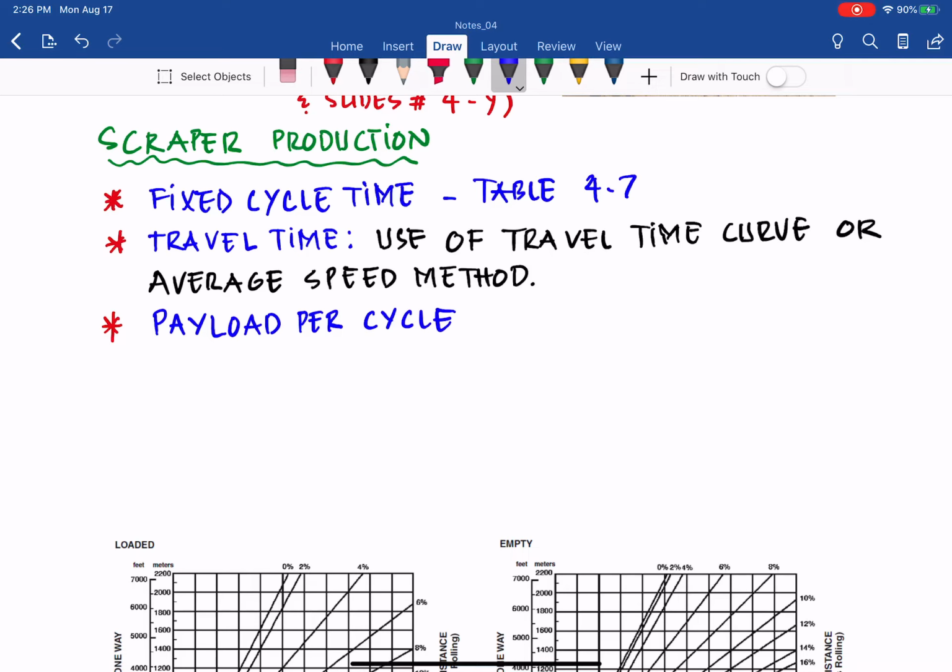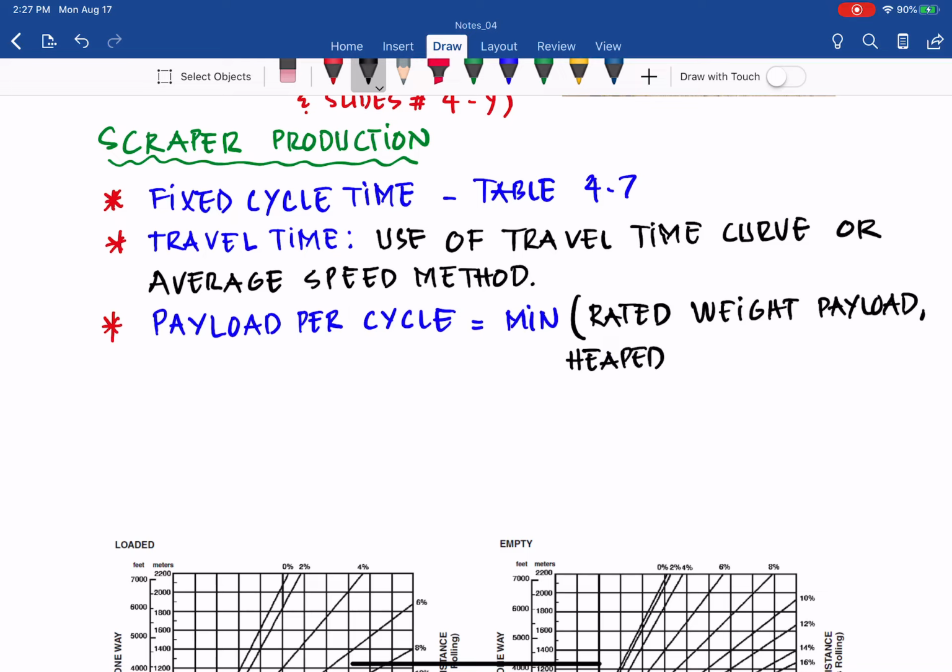As we said earlier, it has to be a function of the minimum of the rated weight payload, which is something given, and the heap volume capacity. So find out the two and get the minimum of them before we apply it in the equation to determine production capacity.